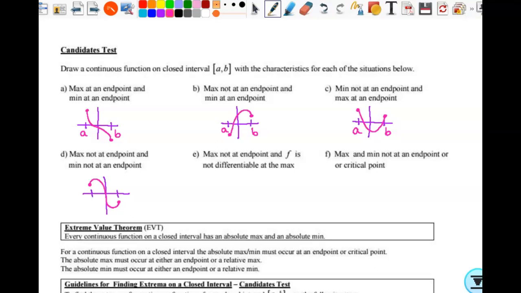Or something similar to that? It doesn't have to be exactly like mine, but here I have a max that's not at an endpoint and a minimum. No, your minimum is that this is your minimum. That's at an endpoint. Yeah, I told you. That makes sense? So your max is not an endpoint, but your minimum is.